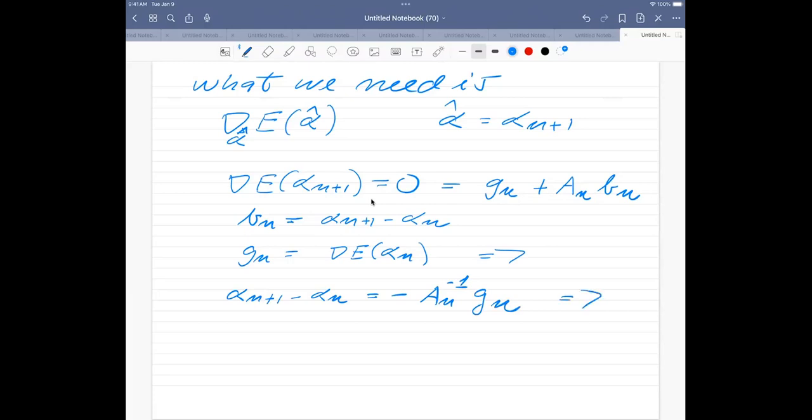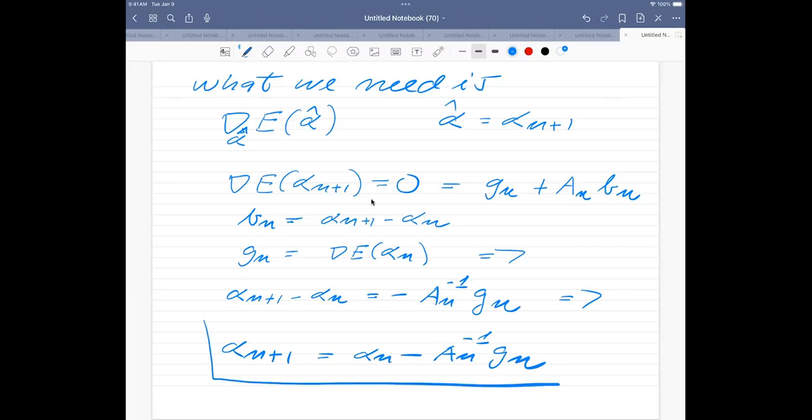If I then shift over what I know, I have alpha of n plus 1 equal to alpha of n minus A of n minus 1 times G of n. This is the final expression.